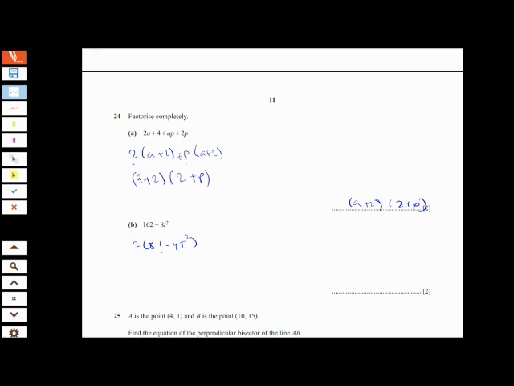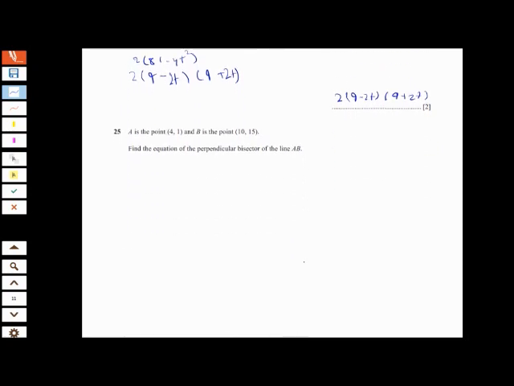And so this bracket is a difference of perfect squares. So one bracket with negative, one with positive. 81 can be 9 squared, and 4t squared can be 2t squared. That's how you simplify. So (9 minus 2t) and (9 plus 2t).